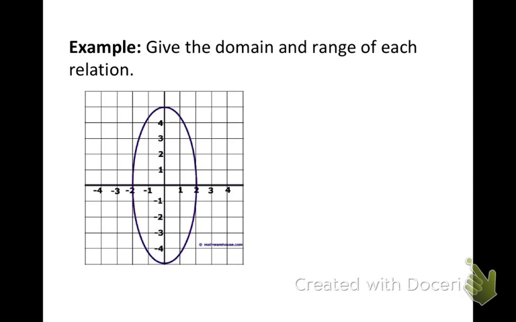So remember again, domain is left-right movement. So start from your left to go to your right. What's the furthest left point on my x-axis? -2, and we're going all the way to +2.